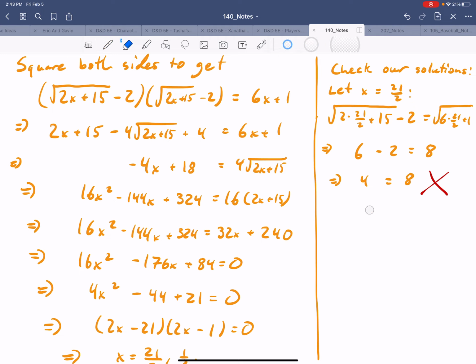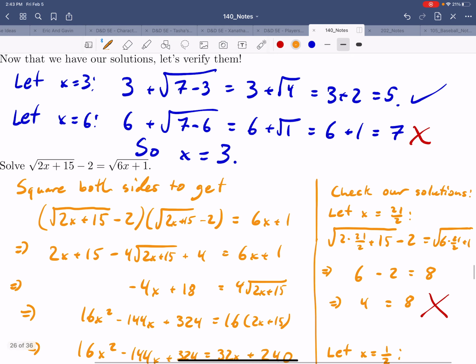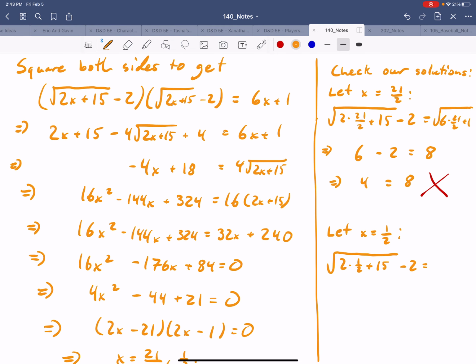Let me put that a little further down here. Let's let x equal 1 over 2. Now we're going to get 2 times 1 over 2 plus 15 minus 2 equals the square root of 6 times 1 over 2 plus 1.